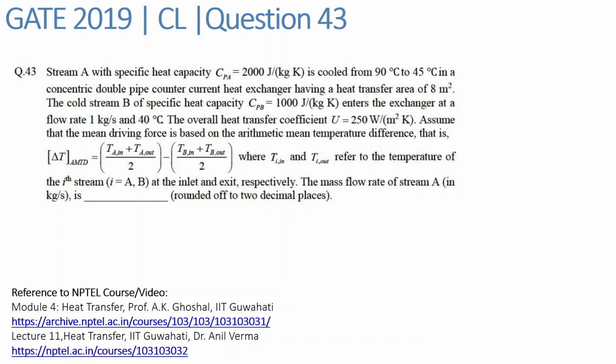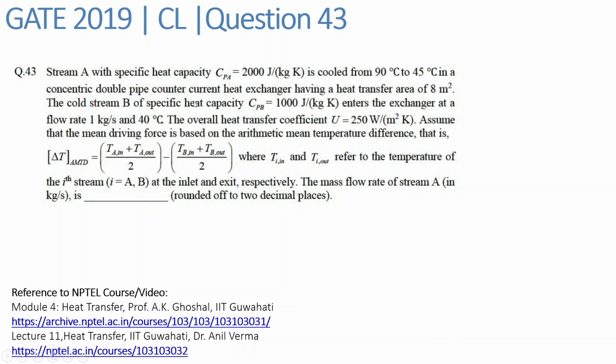Assume that the mean driving force is based on the arithmetic mean temperature difference, that is delta T AMTD, given as this formula, where Ti in and Ti out refer to the temperature of the ith stream, where i is equal to A and B, at the inlet and exit respectively. The mass flow rate of stream A in kg per second is dash.